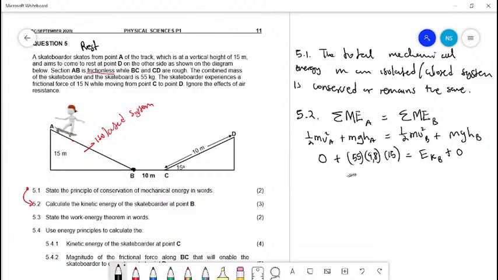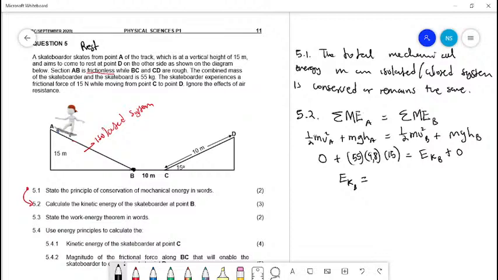So therefore, the kinetic energy at B will be given by 55 times 9,8 times 15.